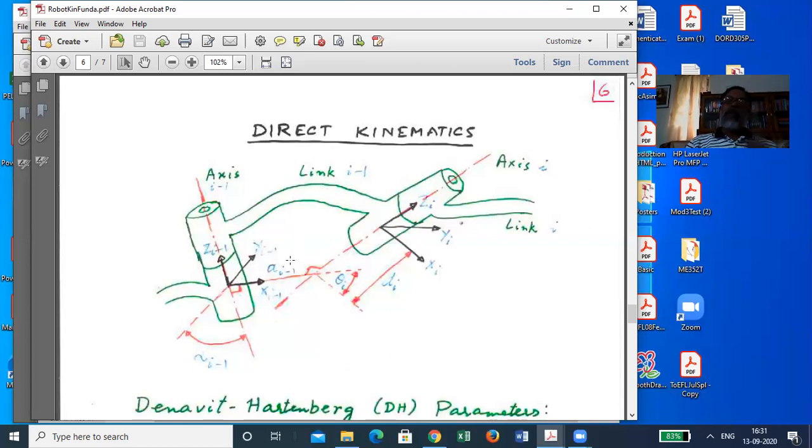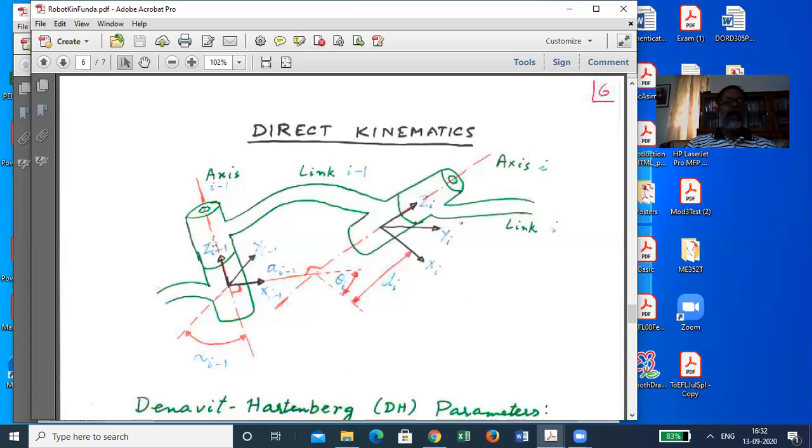Now, for every frame, you work out the z-axis along the axis of relative motion. If it is a revolute joint, then it is the axis of rotation, and if it is a prismatic joint, then it is the direction of the line of relative sliding.